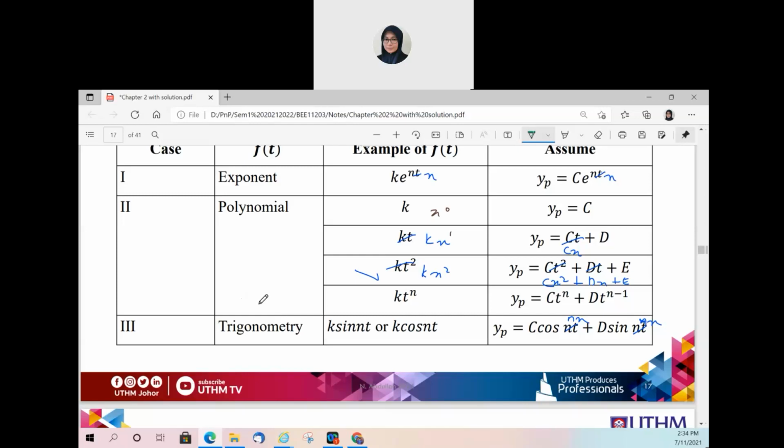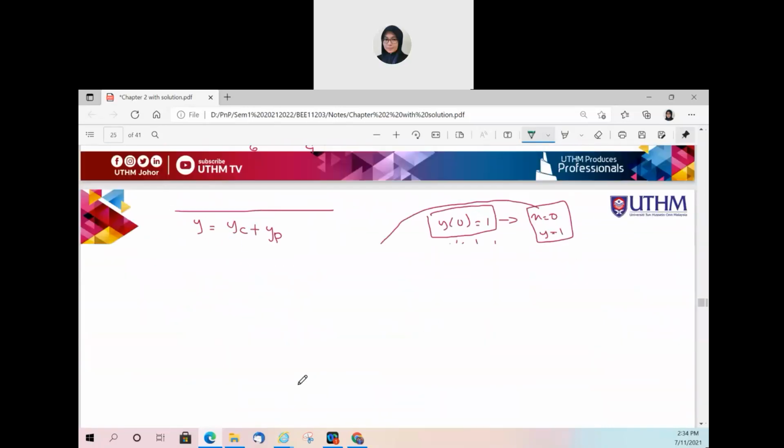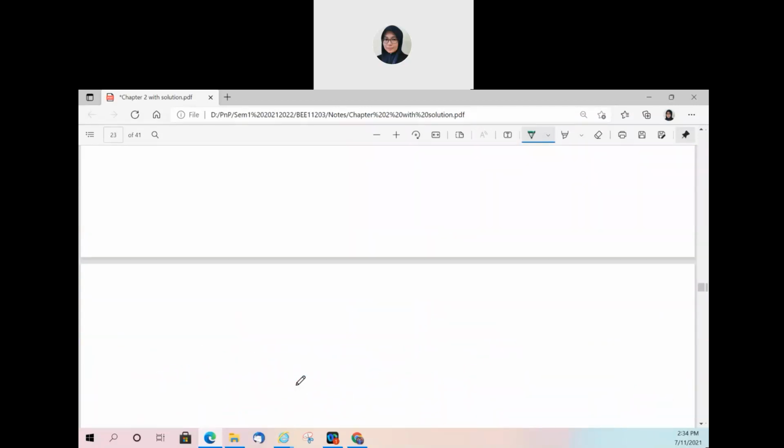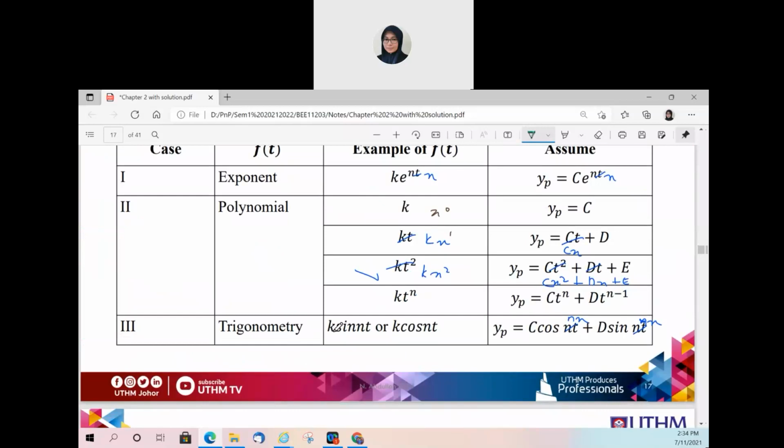Okay, kita nak pakai trigonometry. Actually, it's a combination. So first, kalau you tengok dekat table ni, do they have a sine square here? Tak ada kan?